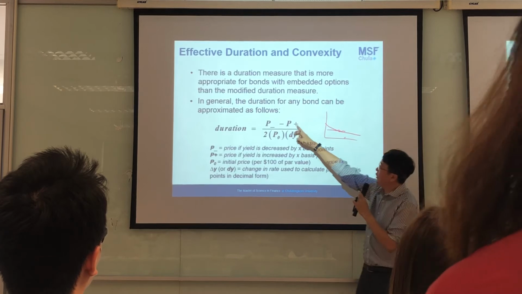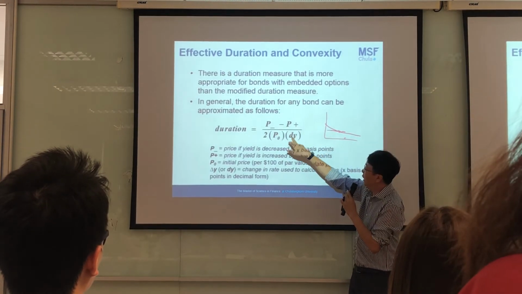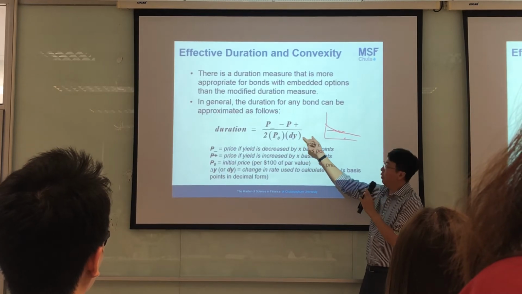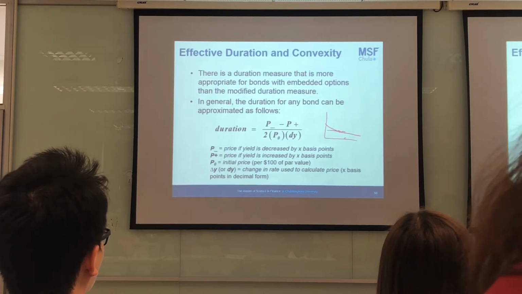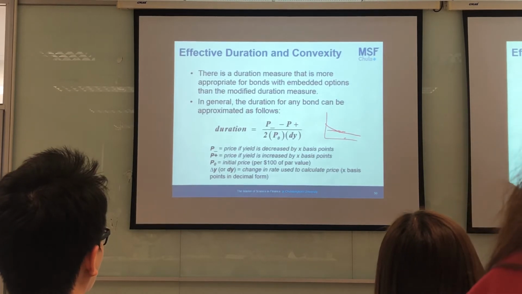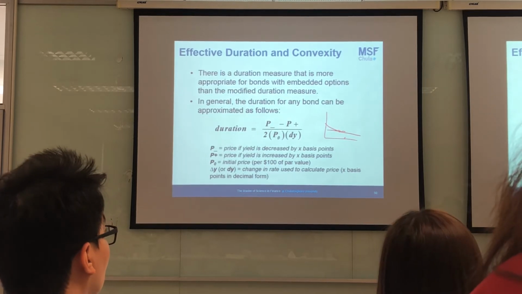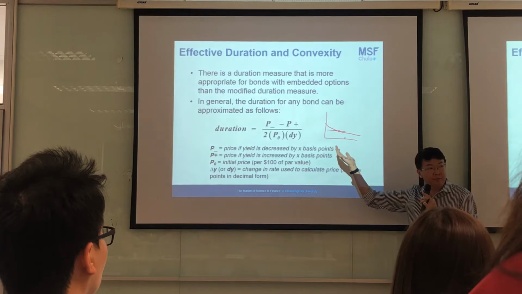Because you can see that this is dollar, so it cancels. But in the denominator you have the yield, the percentage, the x basis point here. So it would be the value change per certain yield, per certain basis point, per year or per semiannual period, depending on the frequency of the bond, right?